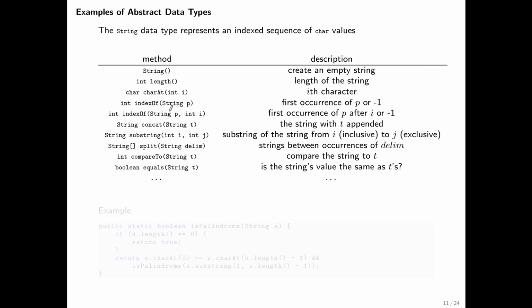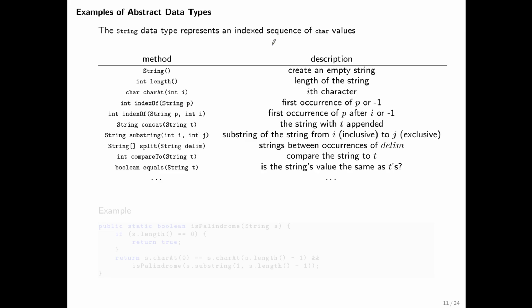What are some of the other methods? You can figure out the character at a particular index i within the string by making a call to the charAt instance method. You can take a string and split it into some tokens using a delimiter.